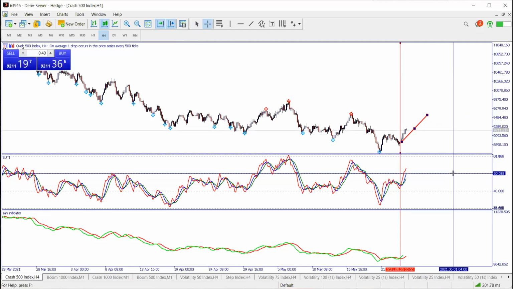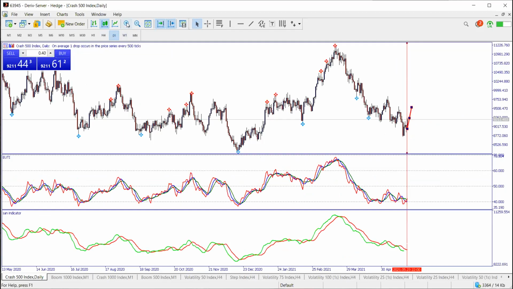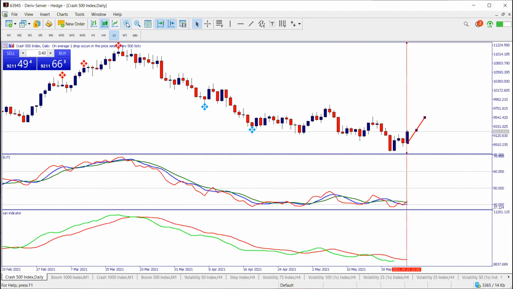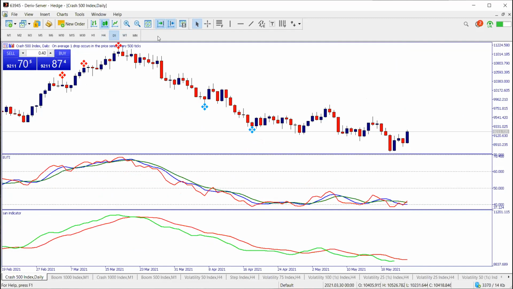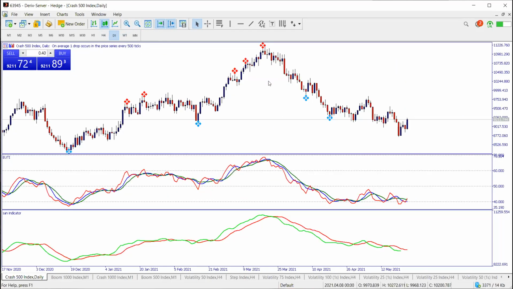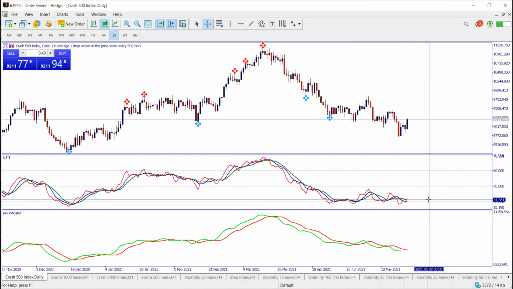So Crash 500 has already reached level 50. We expect a minor pullback, but then the buying rally has to continue. If we check it on D1, it is yet to cross for a buy, but considering the length of this candle on D1, one day, and considering the level that we have, because we're on level 40 down here, it means that we are in for a very, very long buy.